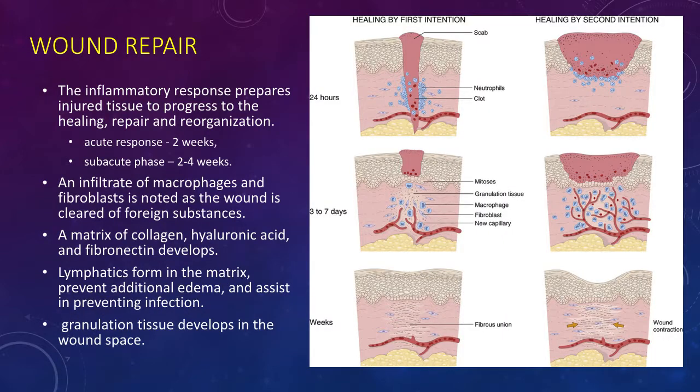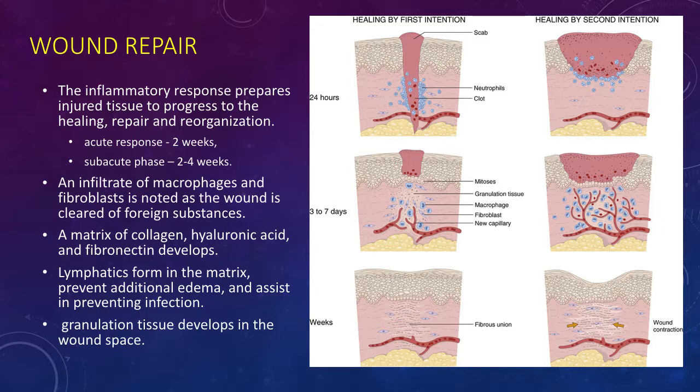All right, wound healing. So obviously we can have lacerations as well. The inflammatory response comes in. The acute phase of our wound healing is typically going to take about 2 weeks, and then we have a subacute phase that's going to take another 2 to 4 weeks. So by and large, we're going to expect wound healing in anywhere from 2 to 6 weeks, depending on the extent of the wound.